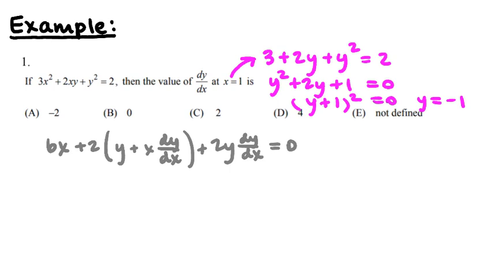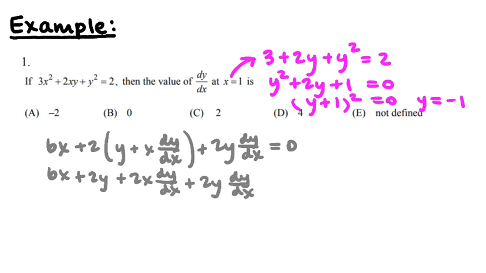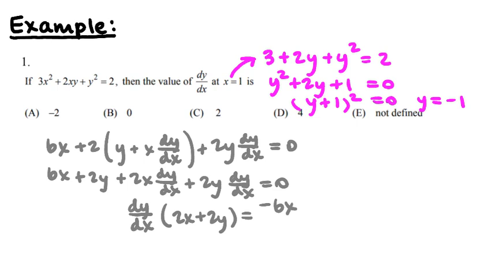Now I'm going to distribute the 2. Clear out everything that doesn't have a dy/dx and factor out the dy/dx. That gives -6x minus 2y divided by 2x plus 2y.